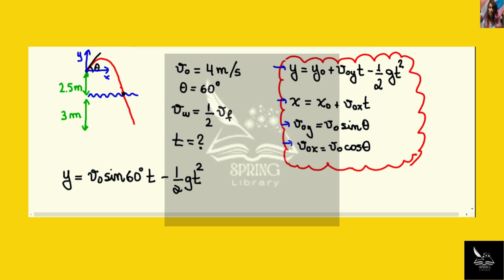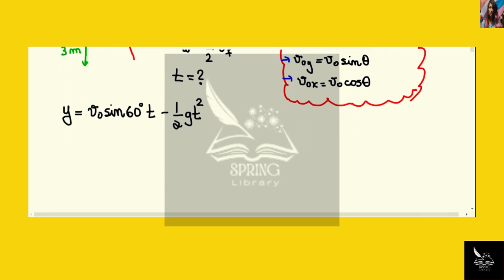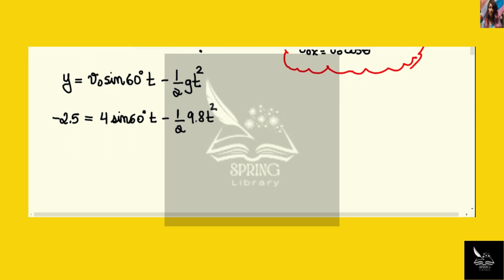And the water is located at y equals minus 2.5 meters. So I'm going to substitute minus 2.5 for y, and this is equal to 4 times the sine of 60 times t minus 1/2 of 9.8 t squared. Everything here is in the International System of Units.